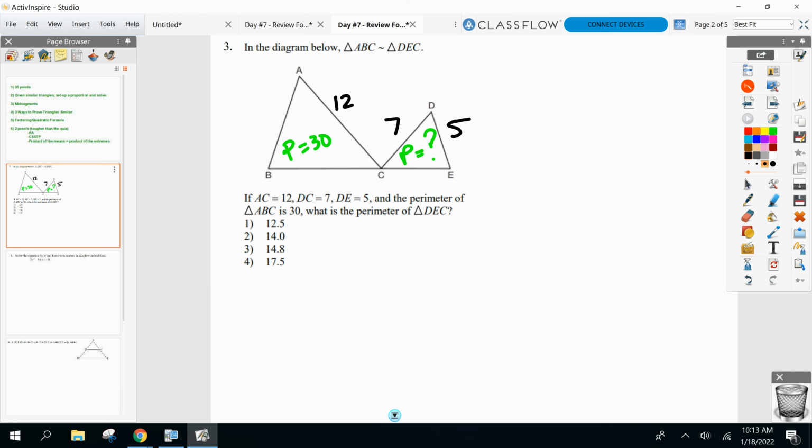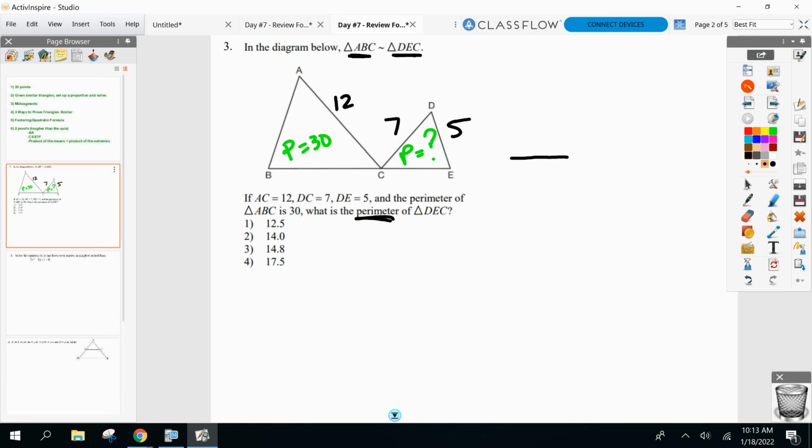It's a perimeter question, so I know the ratio of the sides equals the ratio of the perimeters. First thing I'm going to need is the ratio of 2 corresponding sides. What's the 12 match up with in the small triangle? Is it the 7? Is it the 5? We're not guessing. We will use the similarity statement up above.